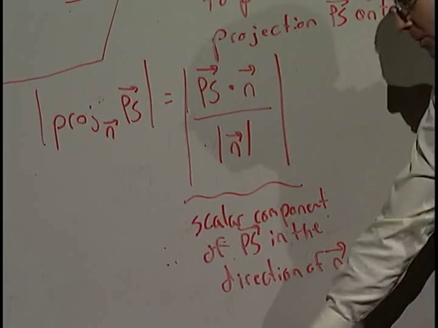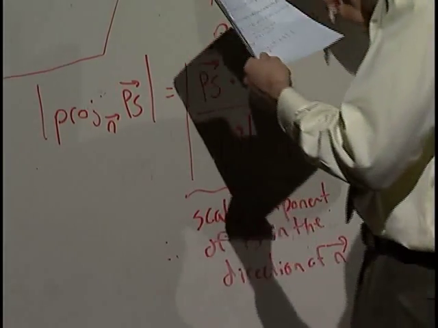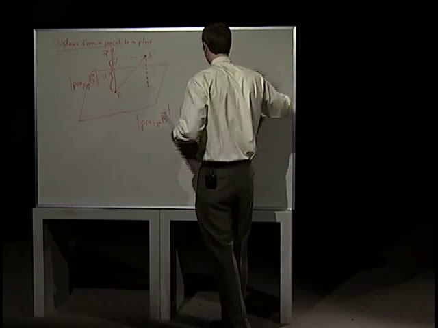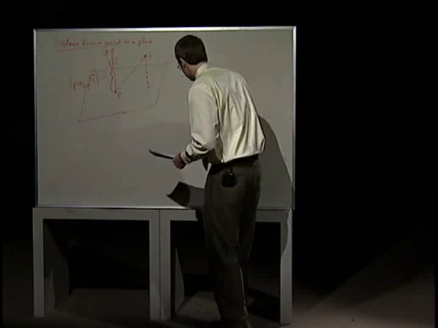Well, after all of that, let's do an example and see how it works in practice as opposed to theory. Let me get rid of this. We'll leave our picture up there just to guide us.